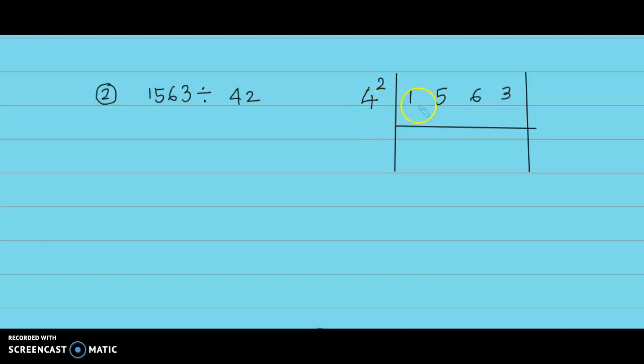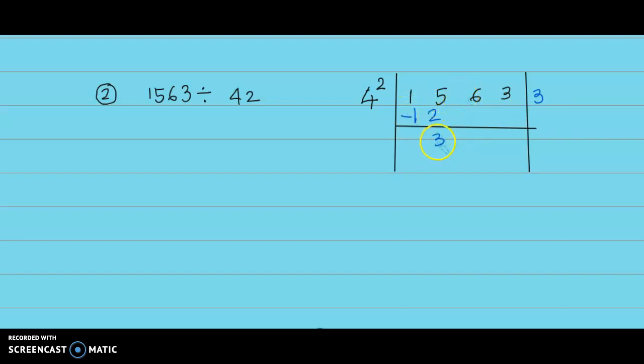4 goes into 15 how many times? 3 times. 4 3s are 12. So subtract 12 from 15, you get 3.